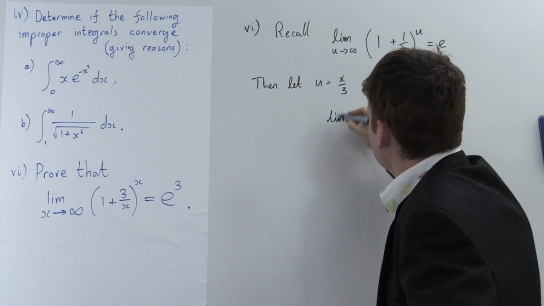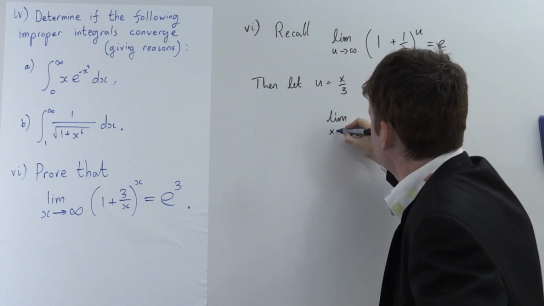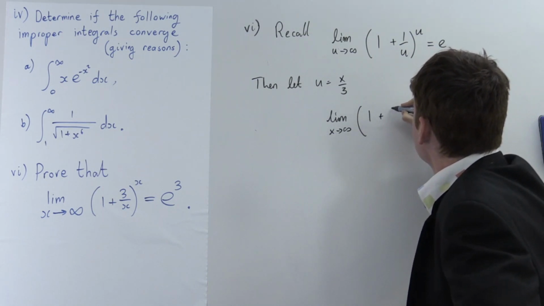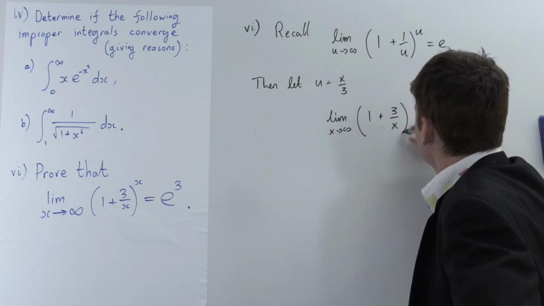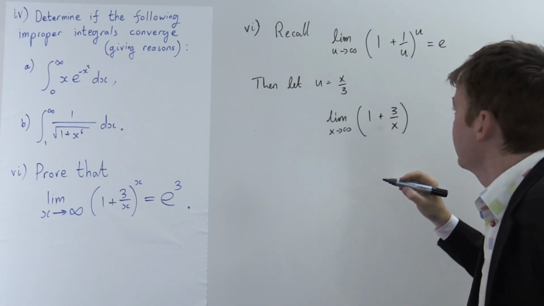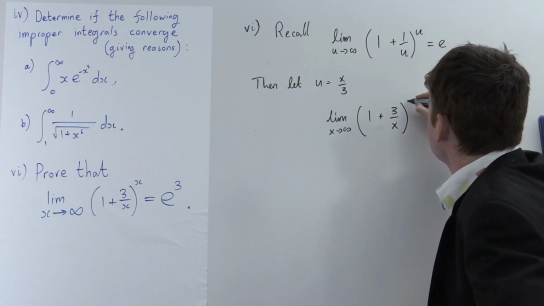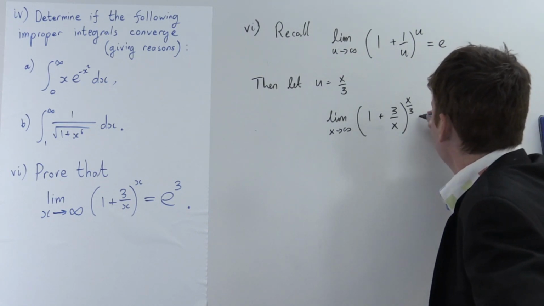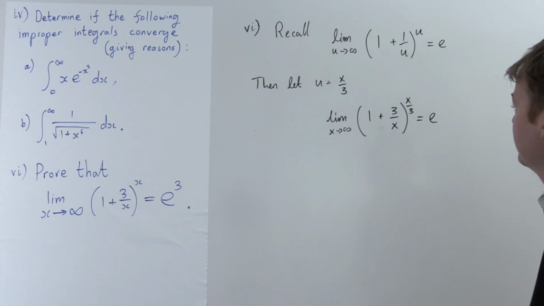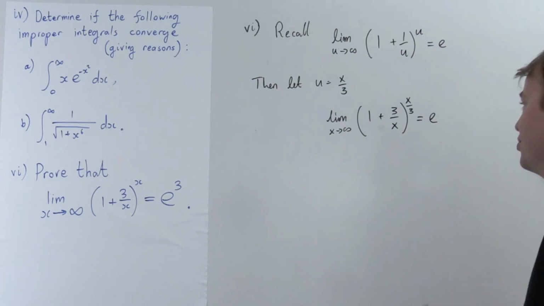Okay, then the limit as u goes to infinity, x goes to infinity, then this becomes the limit as x goes to infinity of 1 plus 3 on x. I think I might have been better off just cubing both sides, now that I think about it. Anyway, I'll just keep going with this. And this is x on 3. And this is still equal to e. And then I can cube both sides.